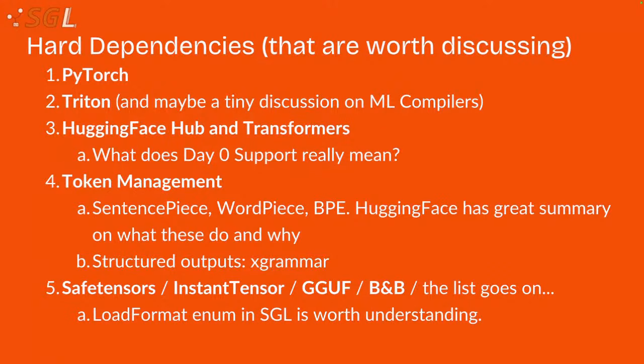And so I think another good rabbit hole is looking through the load format enum in SGLang and seeing all the different ways these weight formats exist, because there are, I think, 12 of them. And this all in all is a really good education on what the actual ML ecosystem looks like if I wanted to serve a model in production, right?